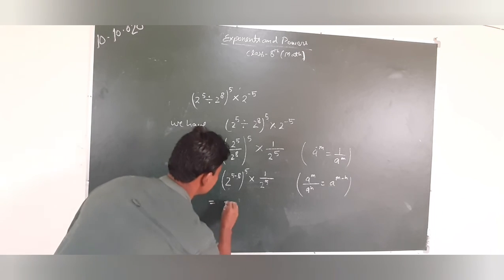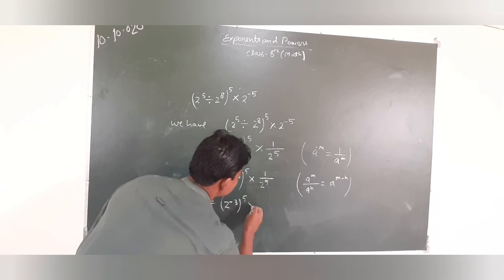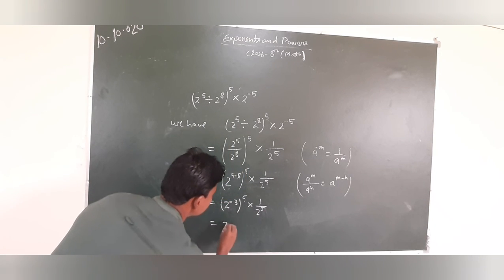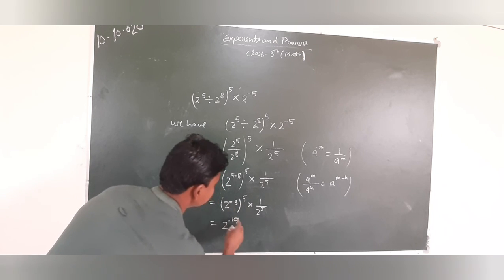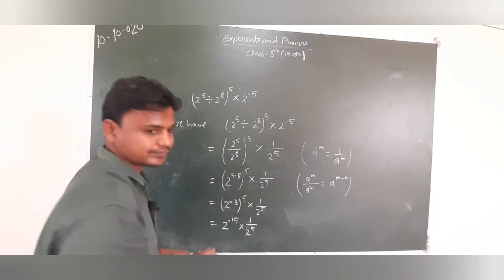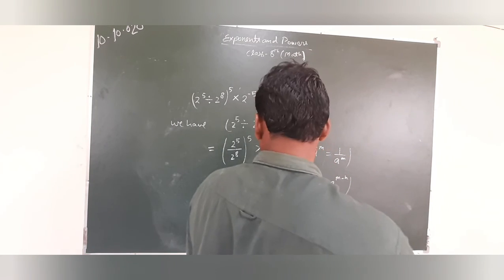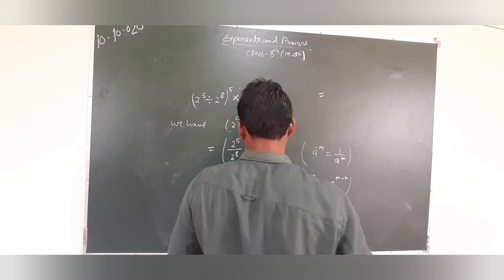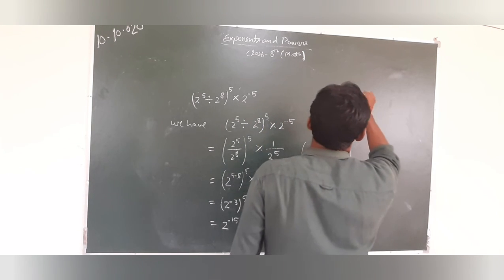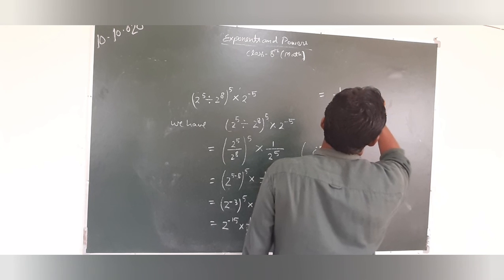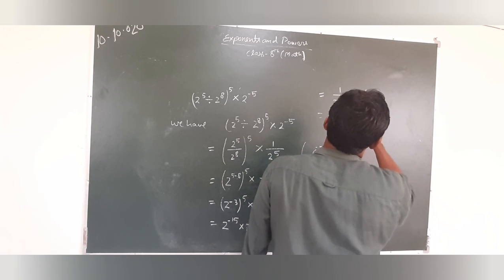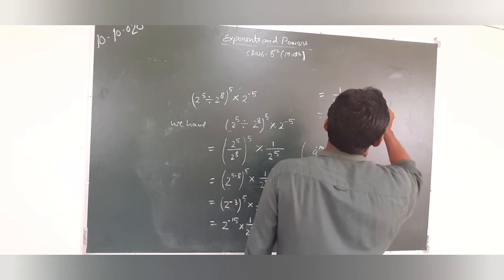that's equal to 2 to the power minus 3 whole to the power 5 into 1 upon 2 to the power 5, that is 2 to the power minus 5 into 3, 15, that is 2 to the power minus 15 into 1 upon 2 to the power 5, that's equal to 1 upon 2 to the power 15 into 1 upon 2 to the power 5, and we can write this term 1 upon 2 whole to the power 15 into 1 upon 2 whole to the power 5.